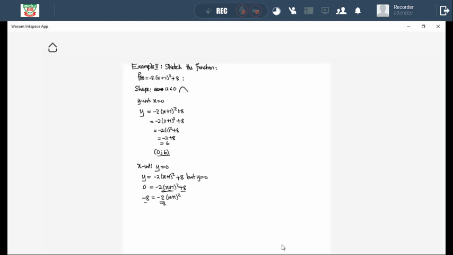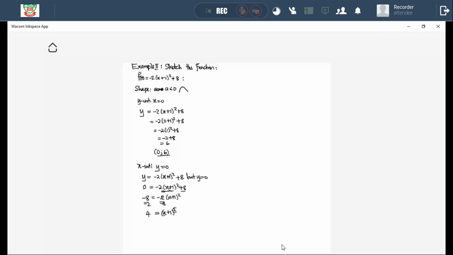Divide both sides by -2, and you've got 4 equal to x plus 1 all squared. When an expression is in completed square form like this, avoid opening brackets. Some of you are quick to open brackets, taking it to standard form, but it will be a little bit long. I'm just trying to make x the subject.